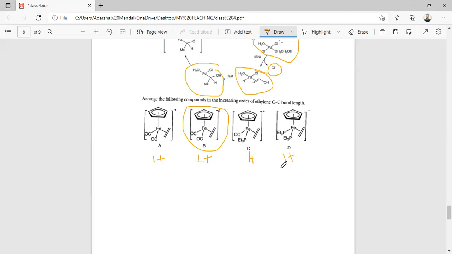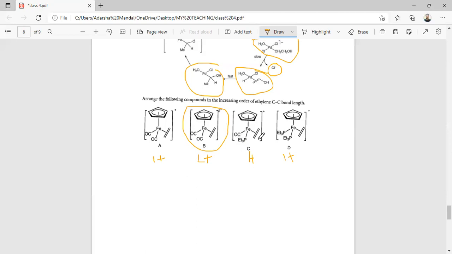So the phosphine will donate more electron density to the metal center compared to the CO. So as the number of phosphine ligands increases, the electron density on the metal center increases. That will favor the metal-alkene back donation, which will increase the CC bond order.